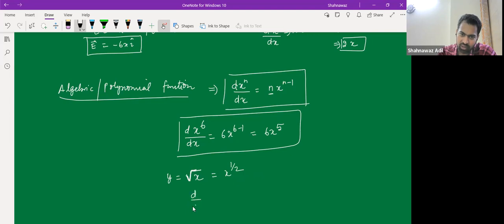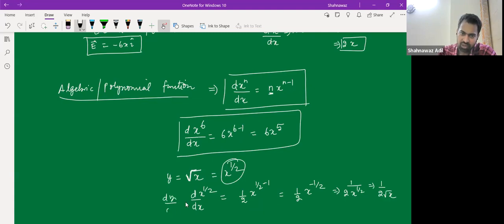So d by dx of x to the power half, right? Half is the power, so half is taken beside here, and x to the half minus 1. So this is half x to the power minus half. So this goes in the denominator and this will become x to the power half. So 1 by 2 root x. So this is the differentiation of x to the power half. So this is the algebraic function differentiation, okay, guys.